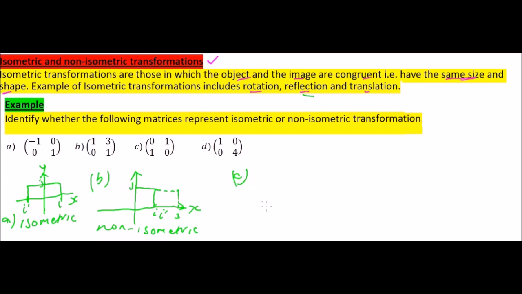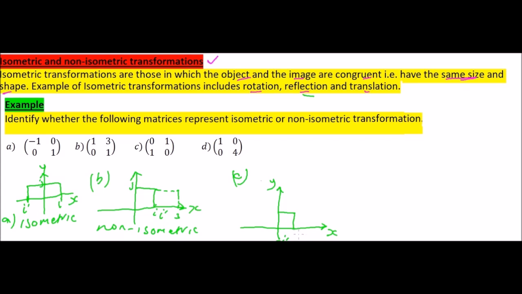We come to part C. We also make a sketch. You must understand the unit square here very properly. So that is our x, and we are only using the sketch to guide us on what type of transformation has happened. If this is our unit square, our image is at 0, 1. So it means our i prime will be there, and the other one will be 1, 0.